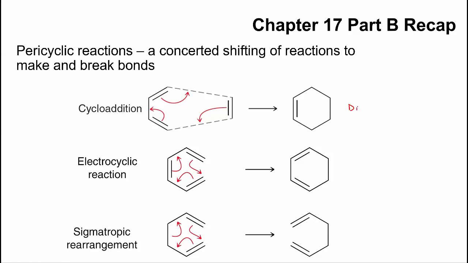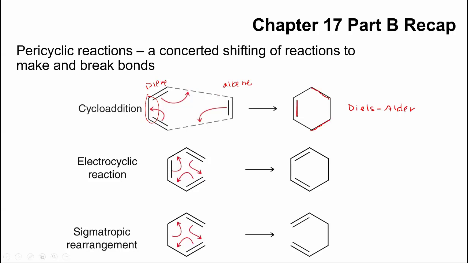This one is the Diels-Alder, where you have a diene and then an alkene, which is called the dienophile, because it loves the diene. These can get together when their HOMOs and their LUMOs line up the right way. These form a new sigma bond where you see the dotted lines. A new pi bond is formed right here, and then a new sigma bond is formed there. So this would be the new bonds that are formed.